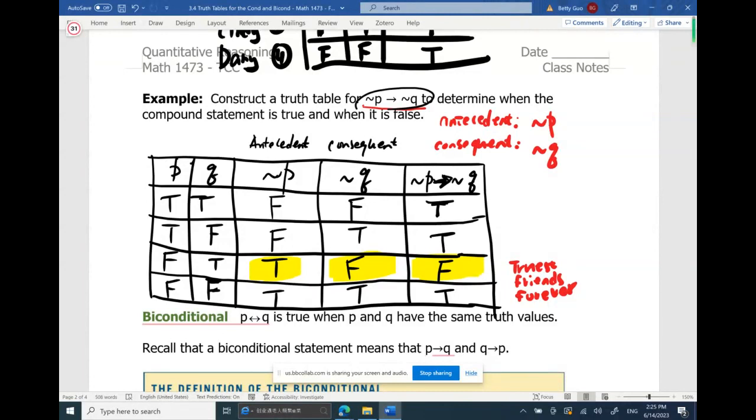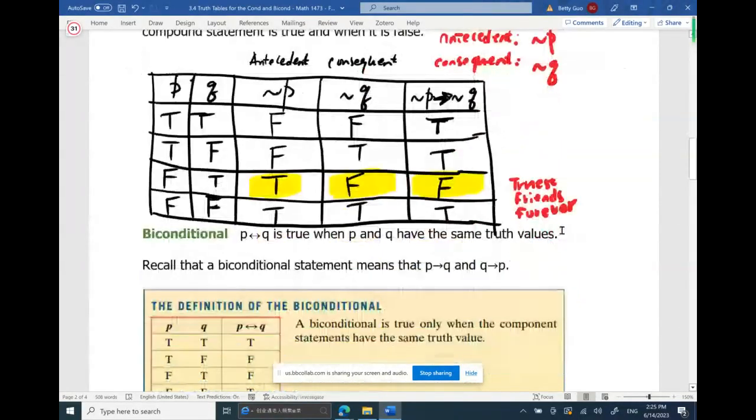There's only one case in which a conditional is false. Only when the antecedent is true but the consequent is false, the conditional is false. All other cases are temporary.